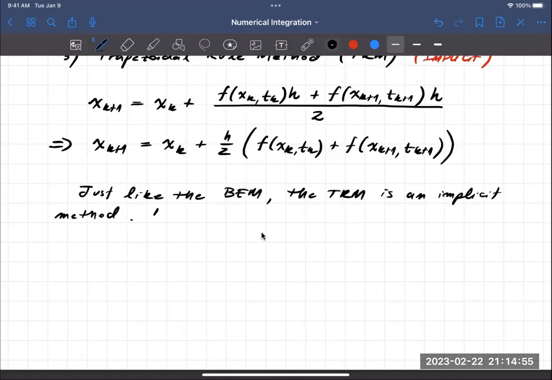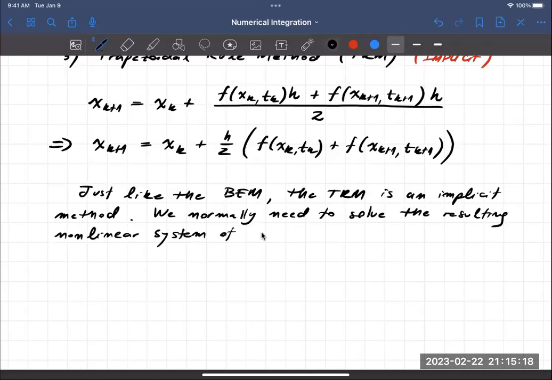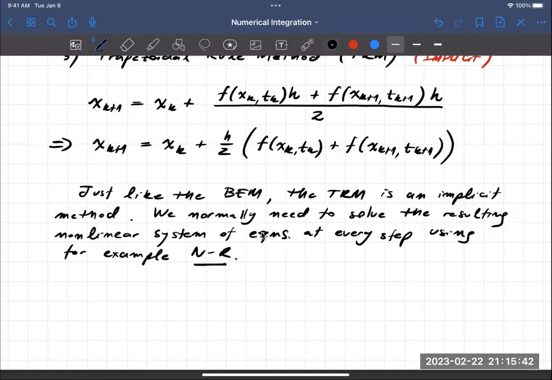We're gonna say we normally need to solve the resulting nonlinear system of equations at every step using, for example, Newton-Raphson. Okay, for example, Newton-Raphson.